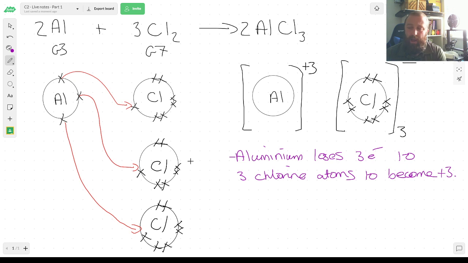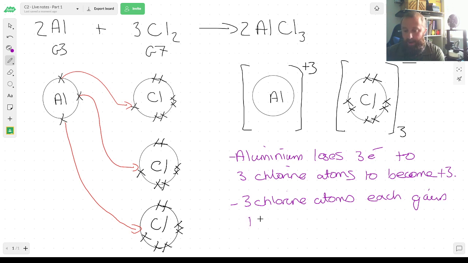Now, I may want to clarify this a little bit more to say that it's 1 each. What I'm going to say is 3 chlorine atoms each gain 1 electron to become a -1 ion. So I've still only done 2 bullet points.